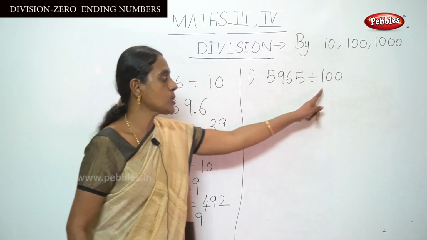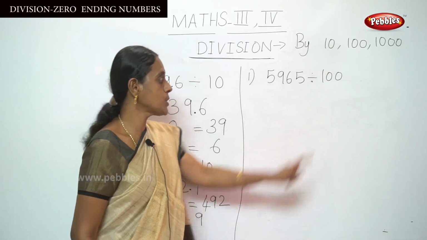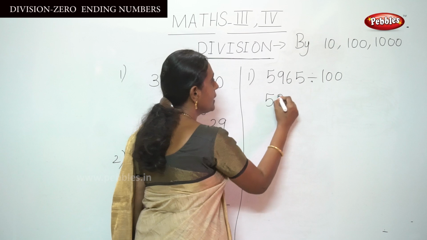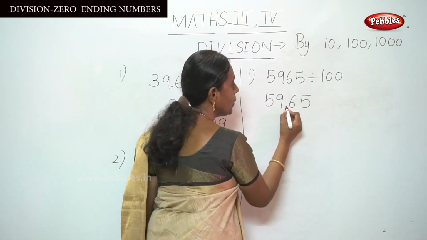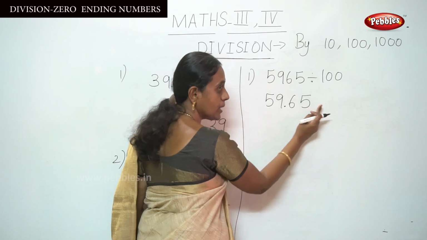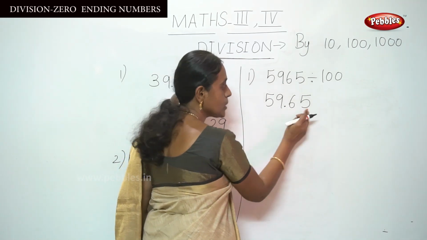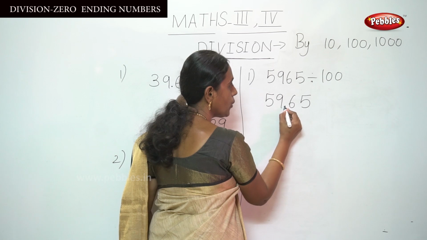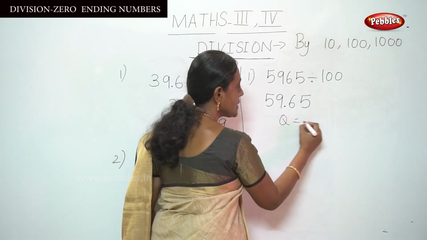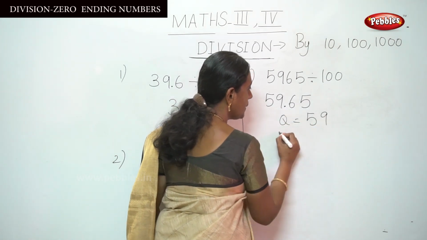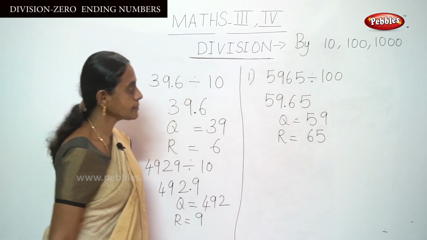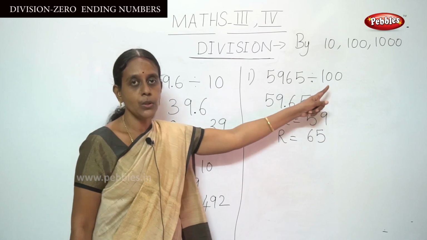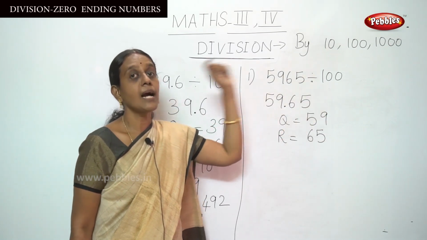Here there are 2 zeros. So 5965, count the number of zeros and put the point from the right towards our left, that is 1 and 2. Put the dot here. So quotient is equal to 59 and remainder is equal to 65. So this is a method to divide the number by 100.